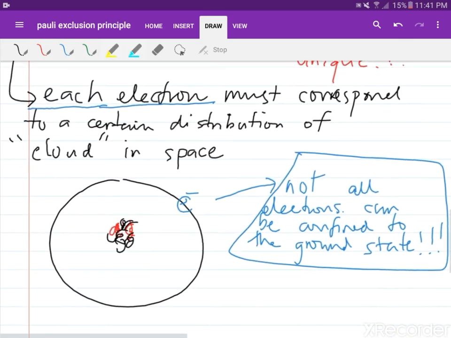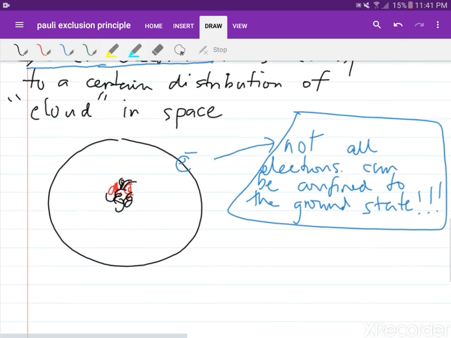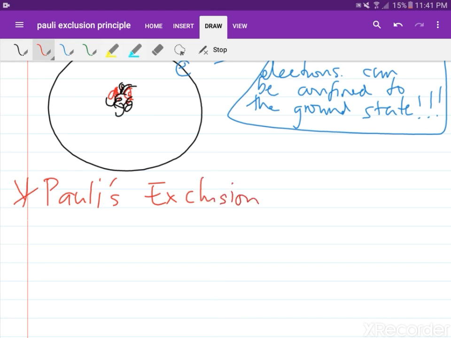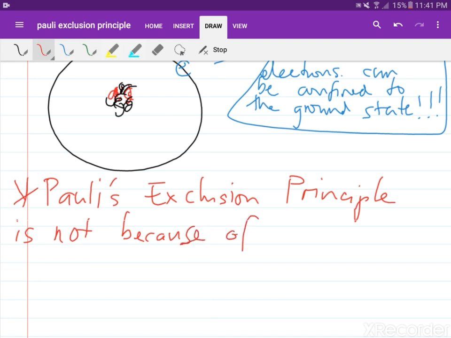But it is important to take note that this exclusion principle is different from the electric repulsion between electrons. Pauli's exclusion principle is not because of electric repulsion.